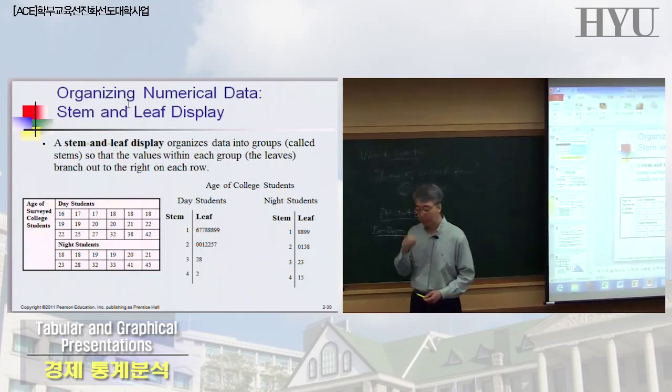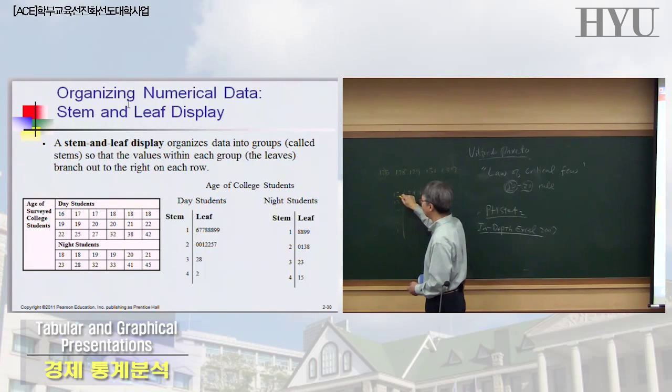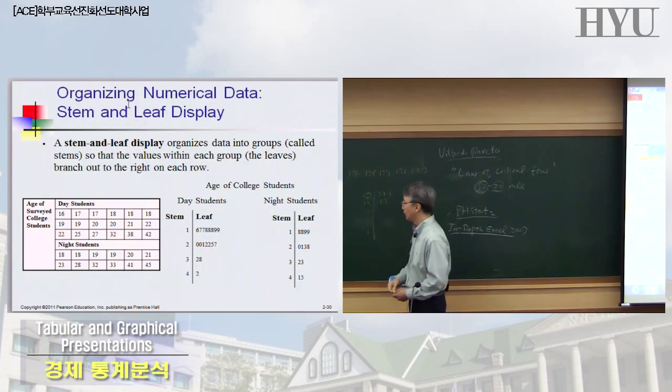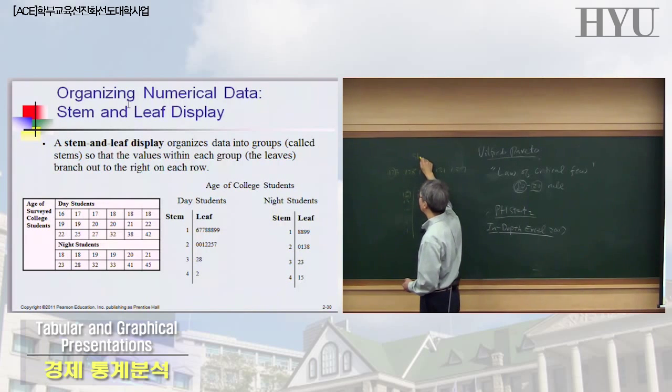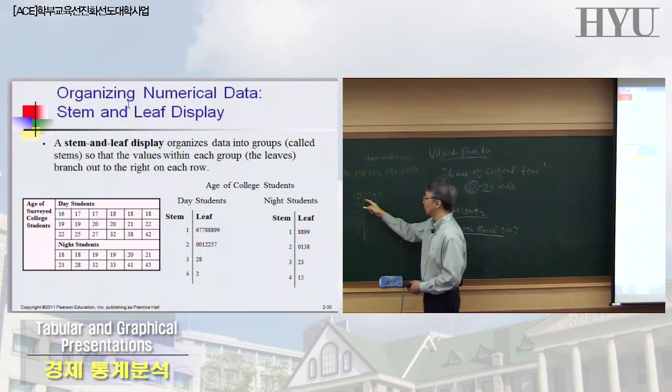But somehow you have to make it clear that this is the 10th digit. So on top of the chart you can say stem unit is 10. Then everybody will know this is 120, 130, 140.